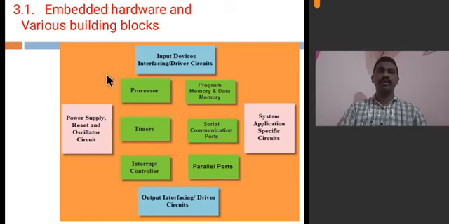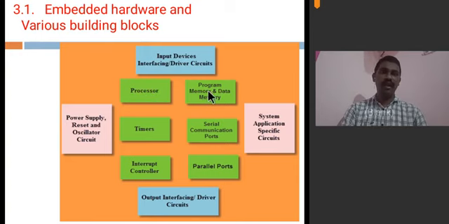See, these are the basic building blocks which are required for building an embedded application. Tell me, what are the blocks you require? You need a power supply unit, a reset circuitry, and an oscillator circuit. Then you need input devices, output devices, and a processor for processing your information.